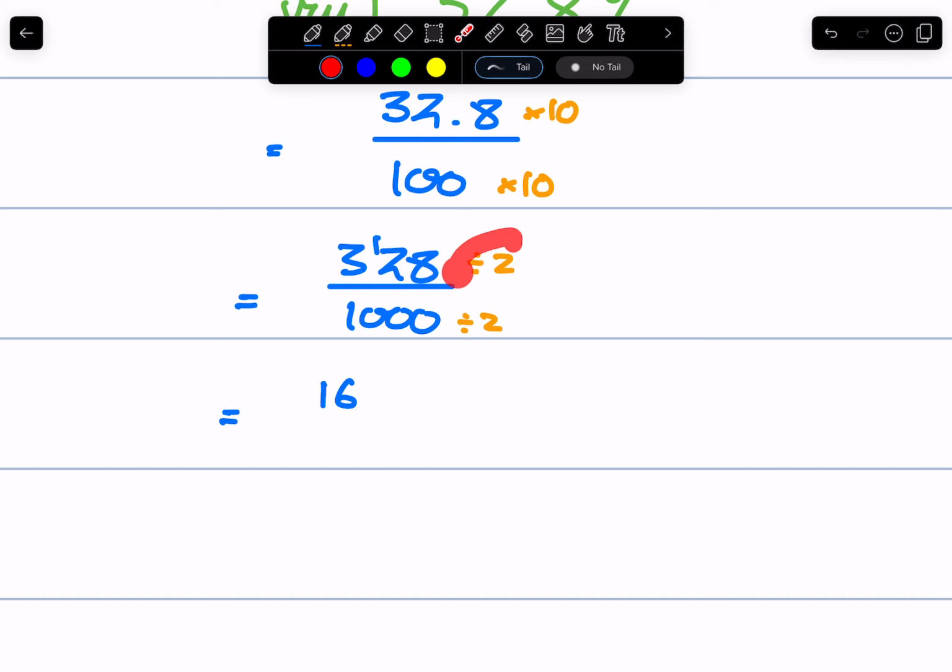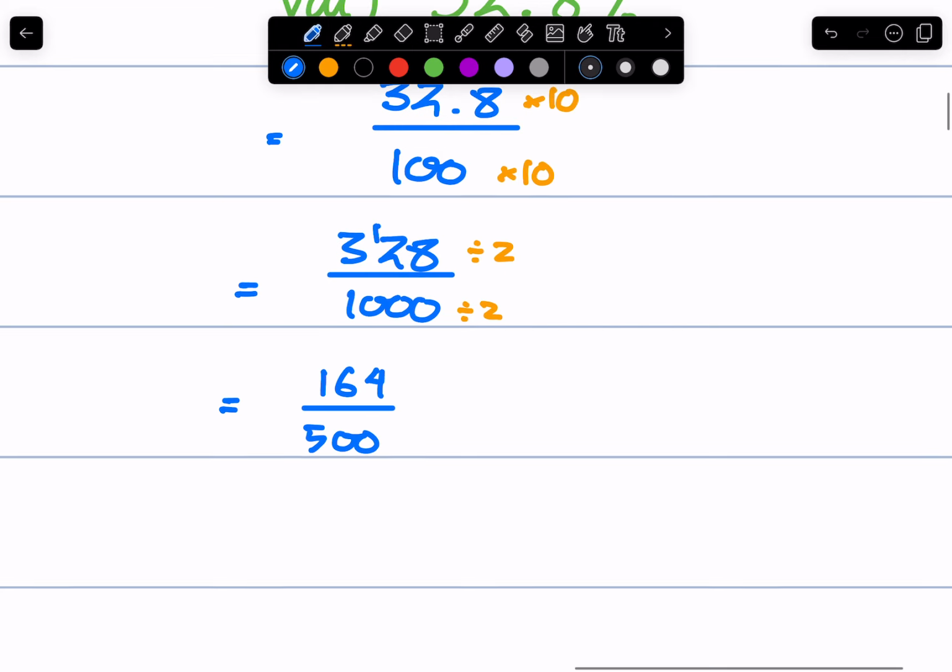Yep. And then 2 into 8 is going to be 4. So 164 is 328 divided by 2. And 1,000 divided by 2 is 500.